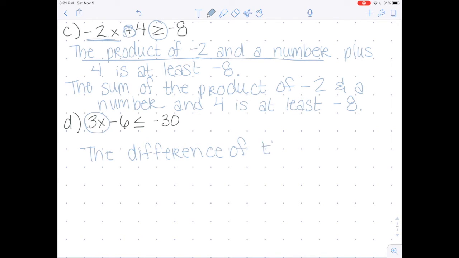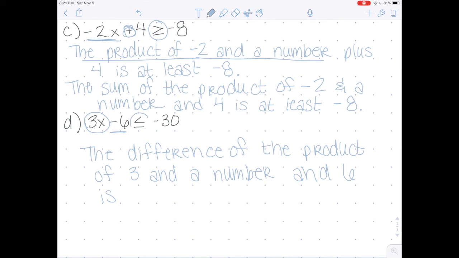So the difference of the product, because product means multiply, of 3 and a number, then I can go back to what I'm going to subtract. I'm subtracting 6, so I'm going to say and 6 is, I can say less than or equal to, or I can say no more than -30.